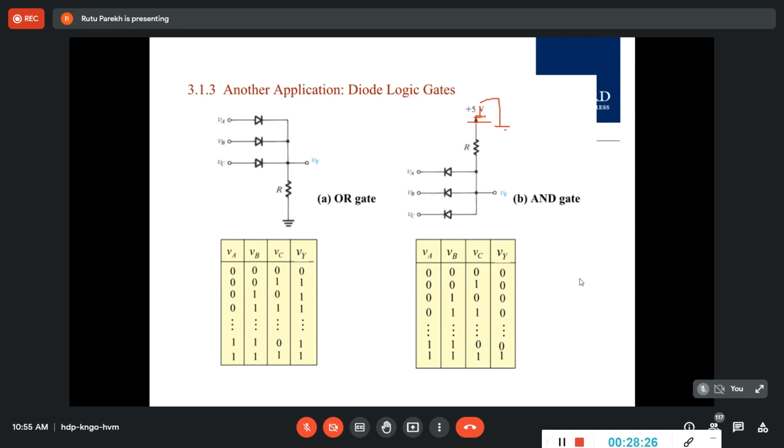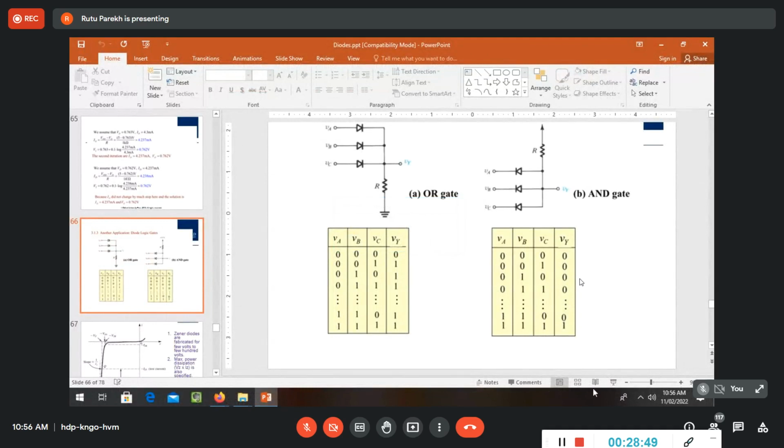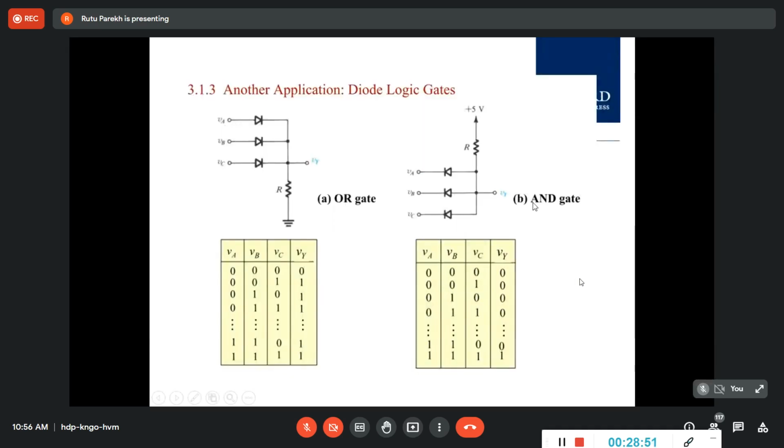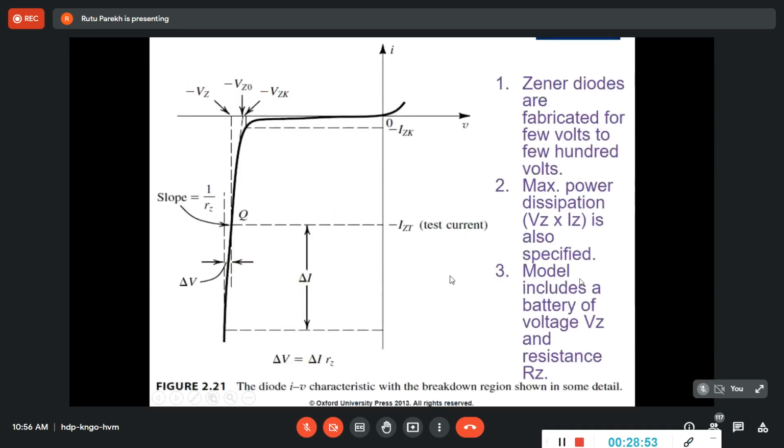Similarly, when you are giving a positive voltage, there is a battery here, and then it is grounded. So when you connect a battery, there is a ground everywhere, and the output is always across the ground.